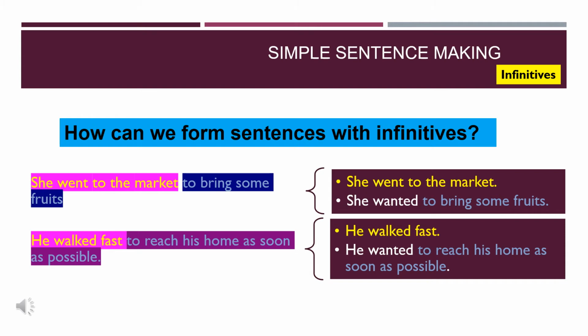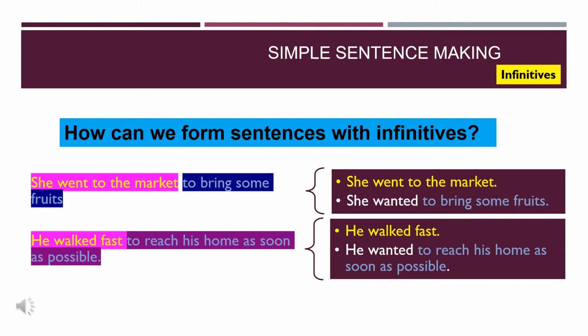Another example is he walked fast. Why did he walk fast? He walked fast because he wanted to reach his home as soon as possible. This is the reason part. He walked fast, this is the result. And the why part is the second sentence.